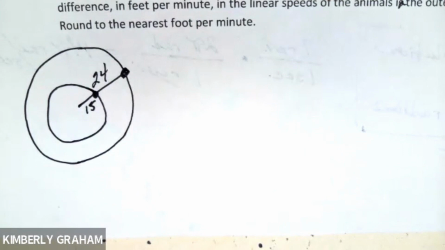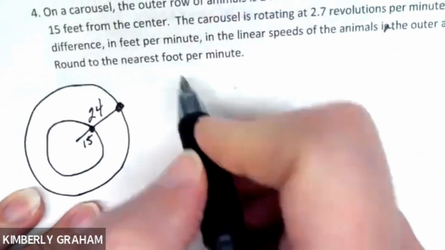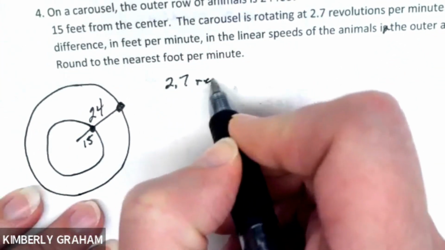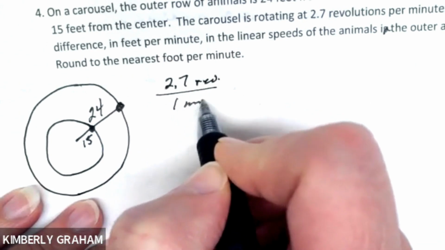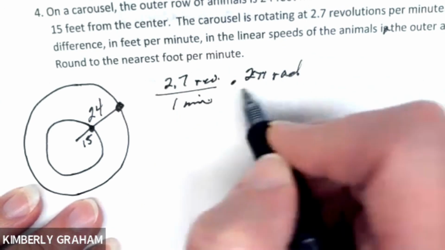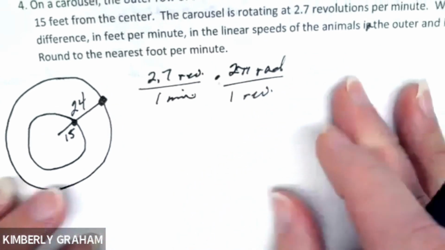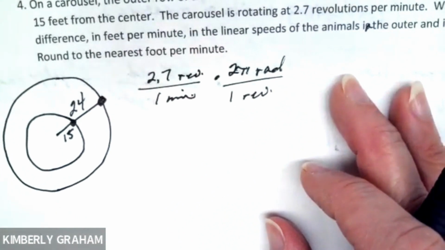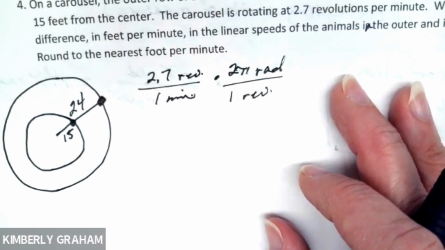So the first thing I need to do is to change from revolutions per minute to radians per minute. So I have 2.7 revolutions in 1 minute times 2 pi radians over 1 revolution. We're just changing units of measure, just like you're changing feet to inches or meters to kilometers, hours to minutes, right?